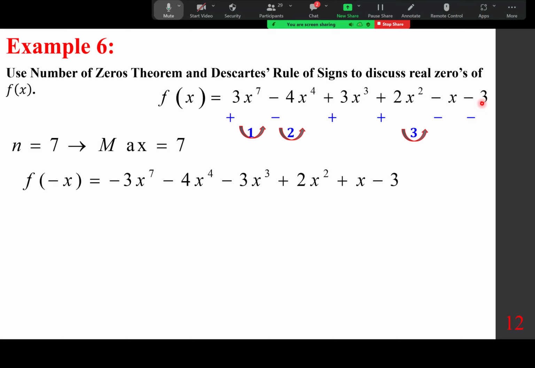So what happens now? We notice a negative, negative, negative. Nothing is happening. But from here, there is a change. Here, no change. Here, there is a change. So we write the signs.